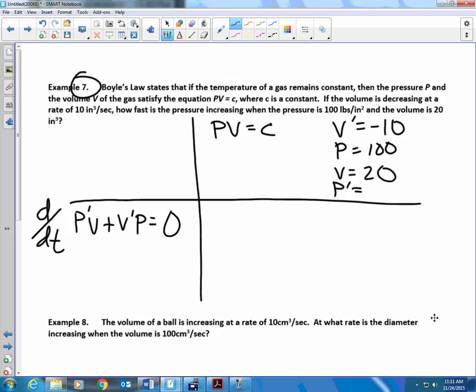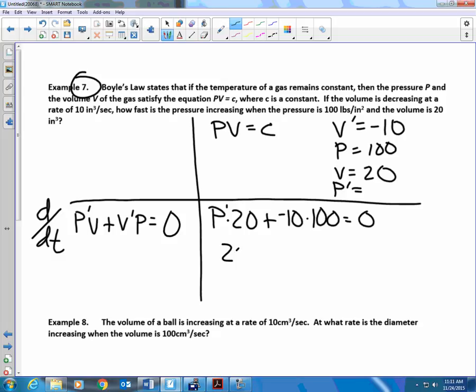0. So a lot of times people want to know exactly what that constant is. In this case, it happens to be 20 times 100, which is 2,000. But we don't need to know that because the derivative of 2,000 is 0, just like the derivative of any constant is 0. So let's plug these pieces in. We don't know P prime, but we do know V, which is 20, plus V prime is negative 10 times 100 is equal to 0.